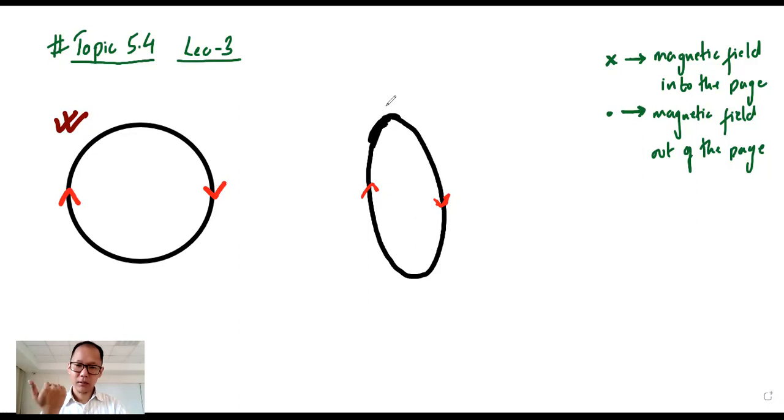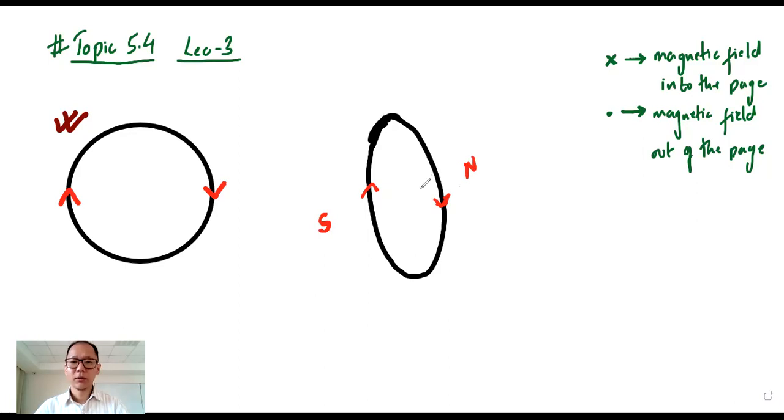If you look at the figure, my fingers curl anti-clockwise and my north is to the right. So I will say my north is in this direction here and my south is here.